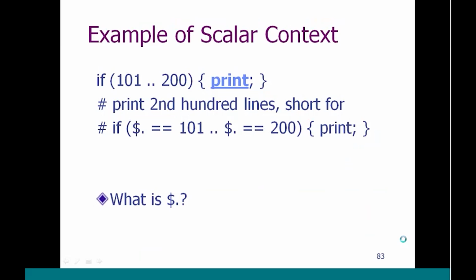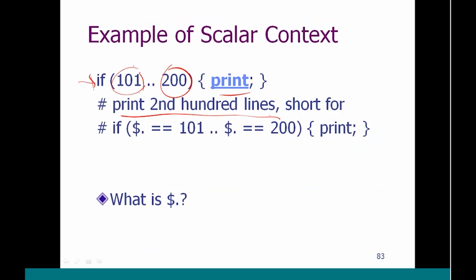So here is a simple scalar context example, where we use 101 dot dot 200 print. The way to interpret this command is that it prints the 101st to 200th lines.